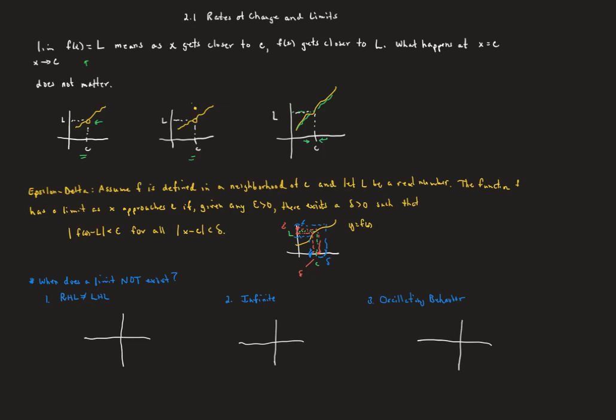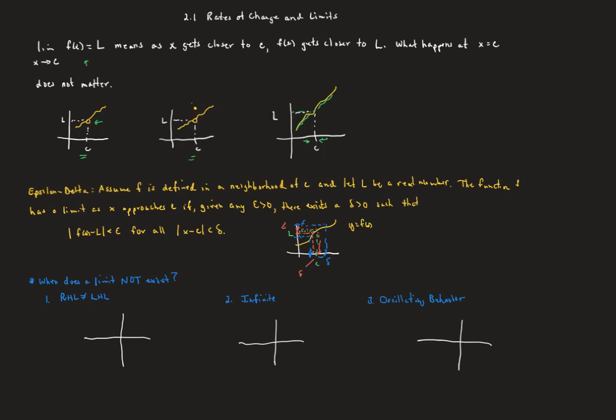If you can do that for any choice of epsilon, finding some delta so that all the values of x within delta of c produce y values within the given epsilon of L, then we say the limit does exist and is equal to L.